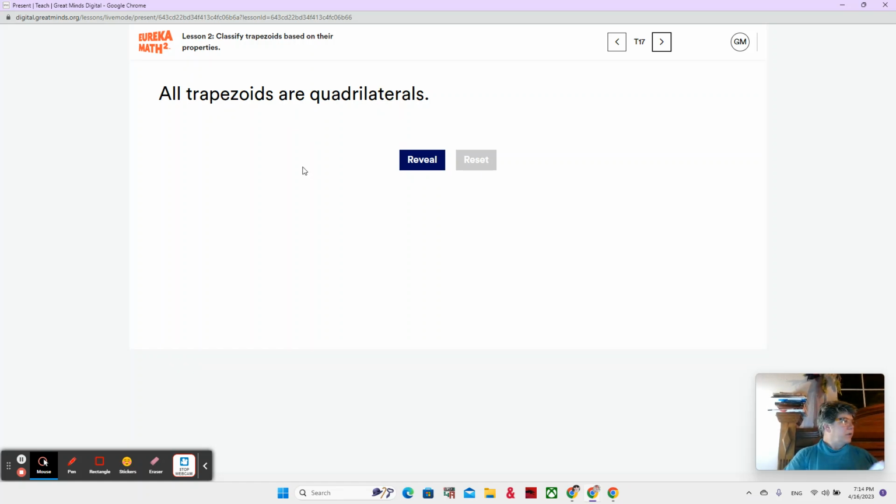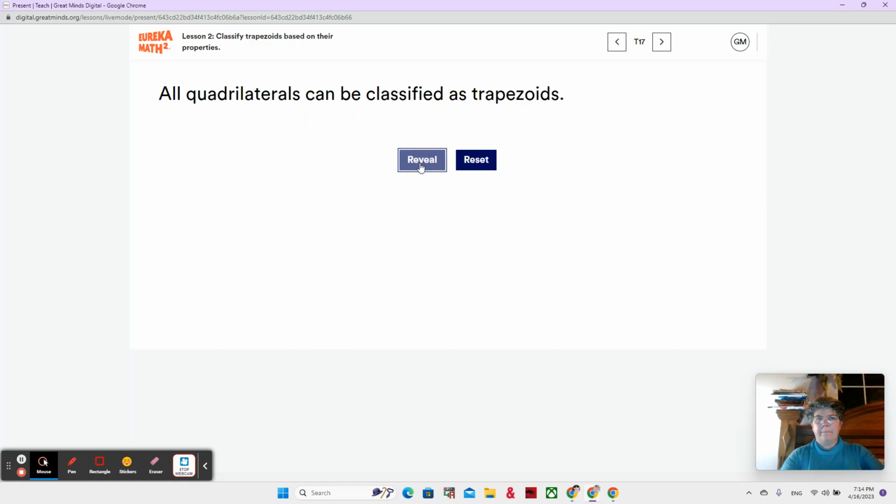Are all trapezoids quadrilaterals? Is that true or false? That's going to be question 1 in Edpuzzle. All quadrilaterals are trapezoids. That's question 2 in Edpuzzle.